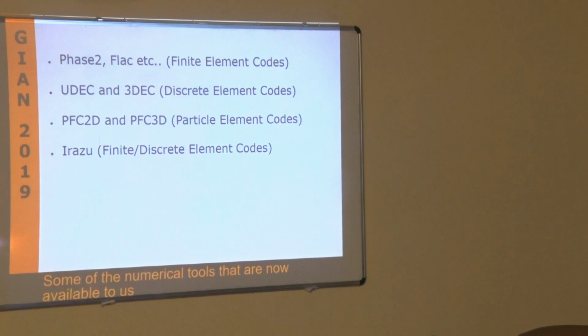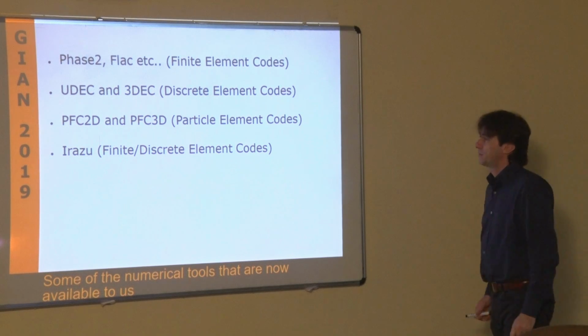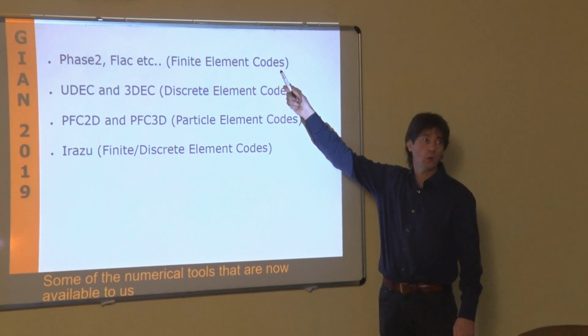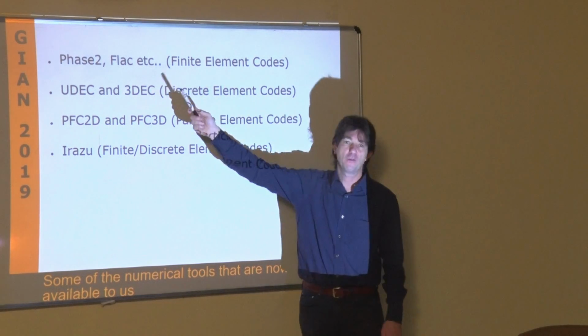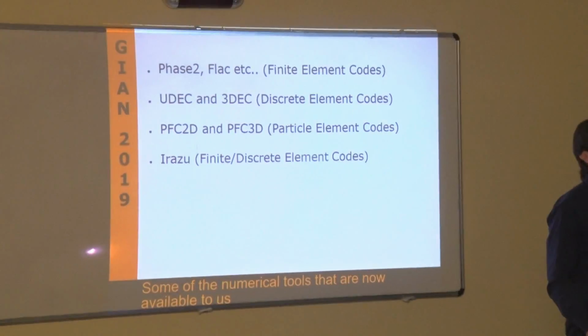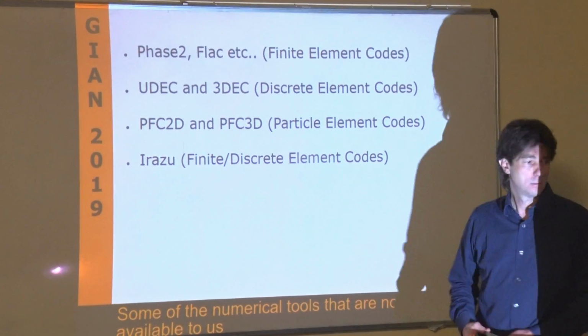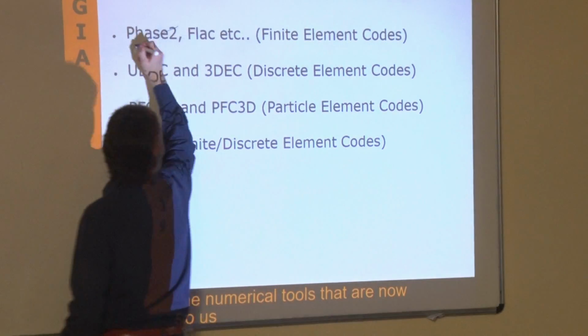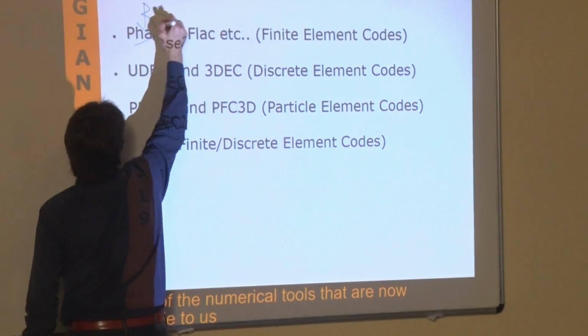So, what can we use? Continuum codes: finite elements will be Phase2, for example, now called RS2. Phase2 does not exist anymore.